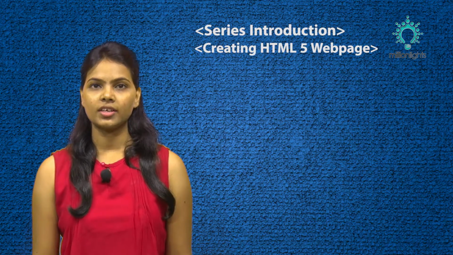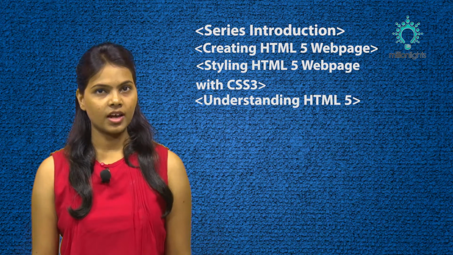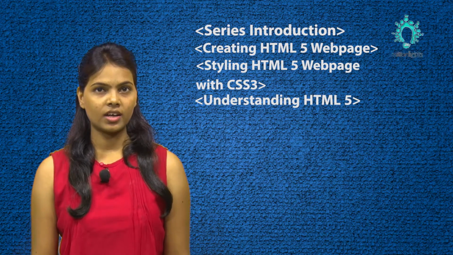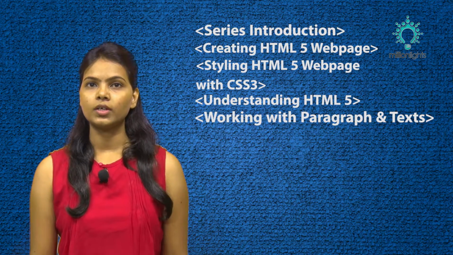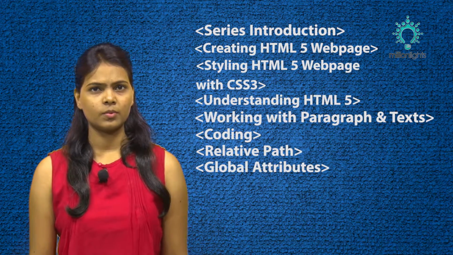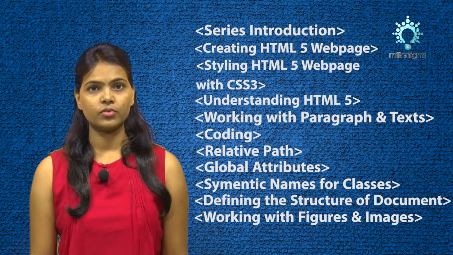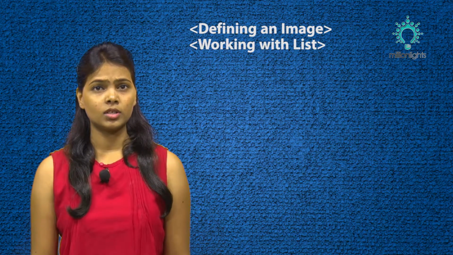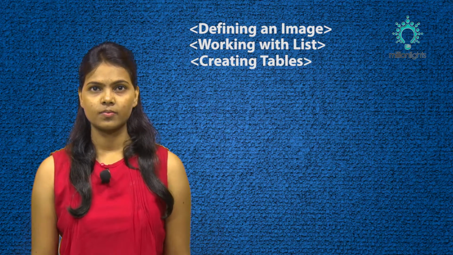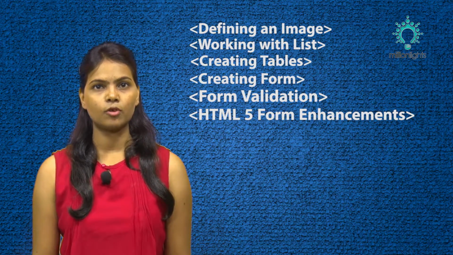In the previous episode, we covered series introduction, creating an HTML5 web page, styling an HTML5 web page, understanding HTML5, working with paragraphs and texts, in which we covered the coding part, relative path, global attribute, semantic names for classes, defining the structure of a document, working with figures and images, in which we learned defining an image, working with lists, creating tables, creating forms and form validation, and other future HTML5 form enhancements.